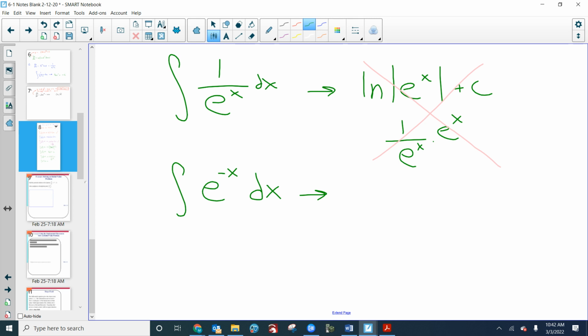So, isn't it going to have some version of e to the negative x in it? Check it. How do we check it? Take a derivative. What's the derivative of e to the negative x? e to the negative x times, do you see a negative 1? So what can I do? Beautiful.